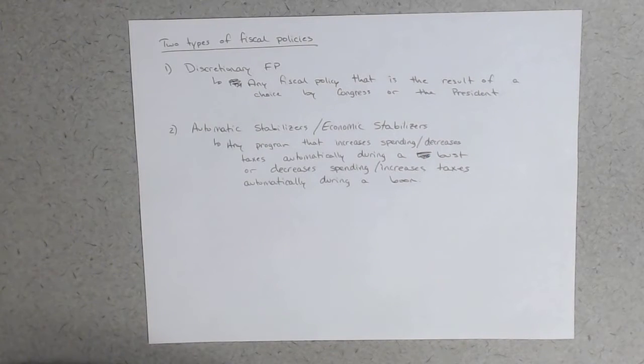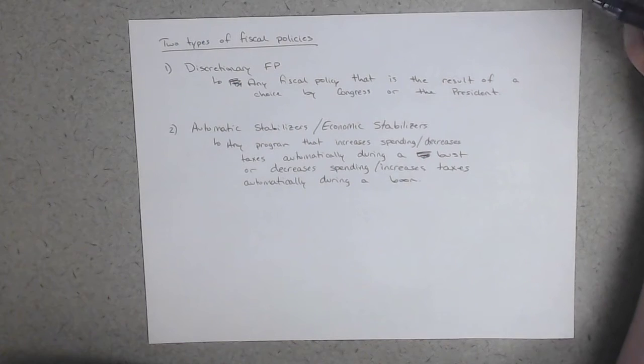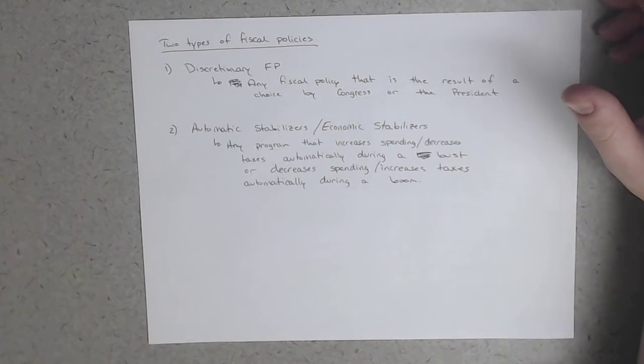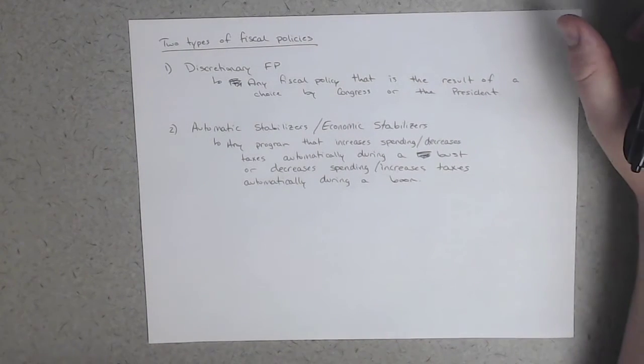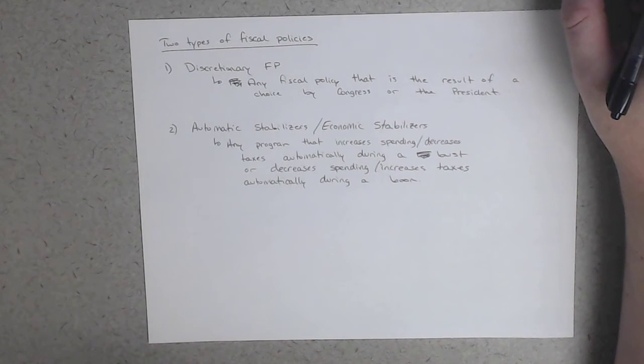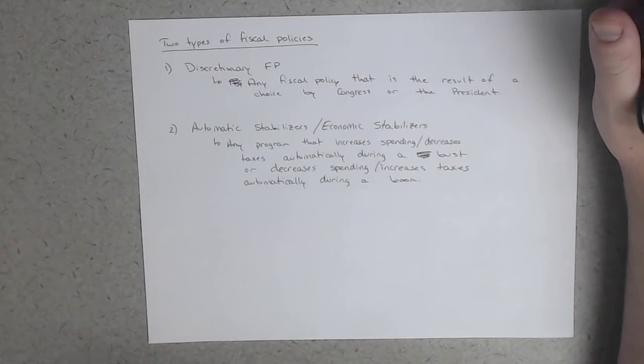The reason is fairly obvious: there are more unemployed people during a bust, and fewer during a boom. Notice that no decision has to be made to increase spending on unemployment benefits during a recession. We just do it because more people are unemployed, and spending decreases during a boom because fewer people are unemployed.